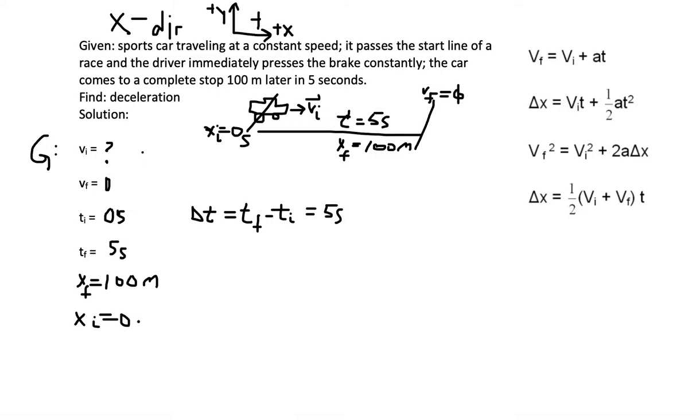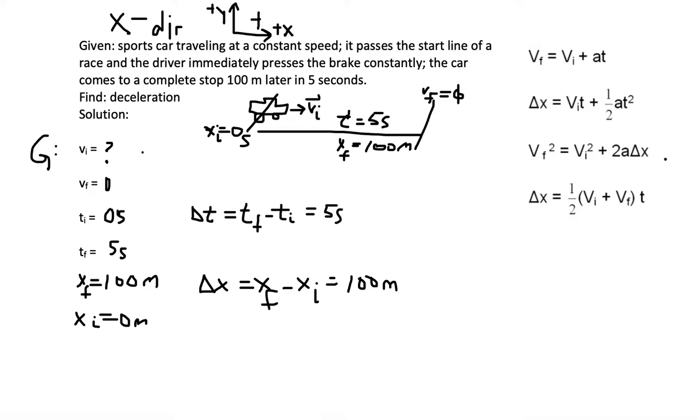It took a long distance to stop. So delta X is X final minus X initial, and that is equal to 100 meters. So now we know delta X and we know delta T.